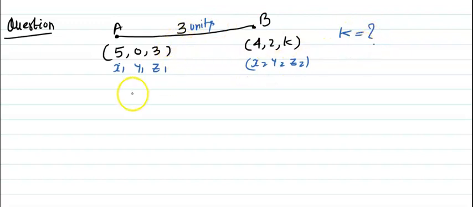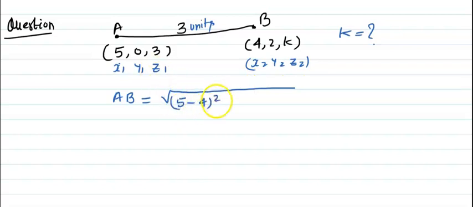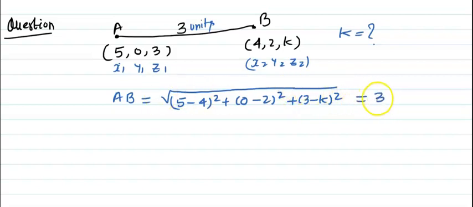So here distance is already given. So to find distance AB, the formula is x1 minus x2 whole square. So I'm using 5 minus 4 whole square plus 0 minus 2 whole square plus 3 minus k whole square. Okay, and this distance is already given as 3.